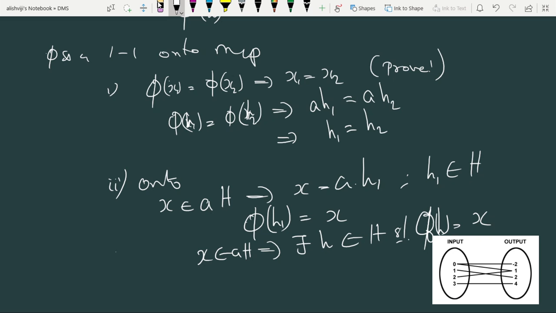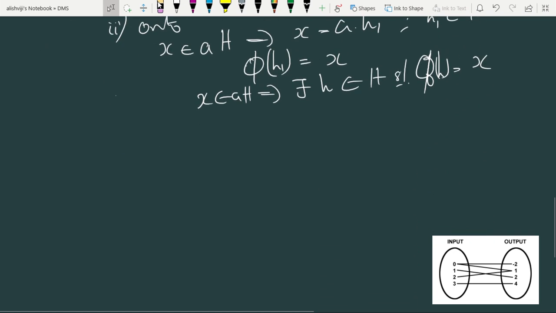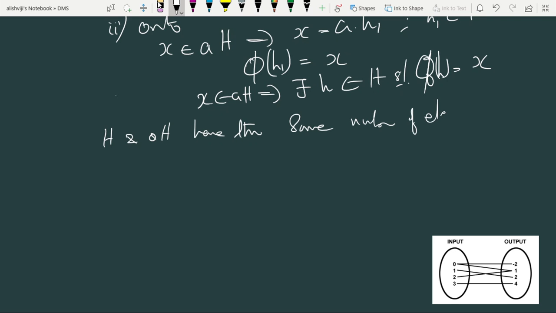So that means the function phi is one-one and onto, and therefore the two sets H and AH have the same cardinality or same number of elements.